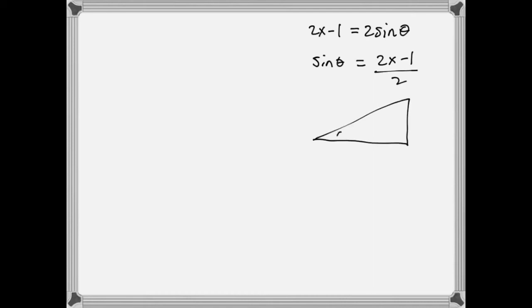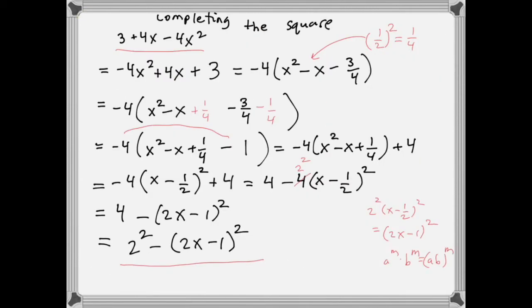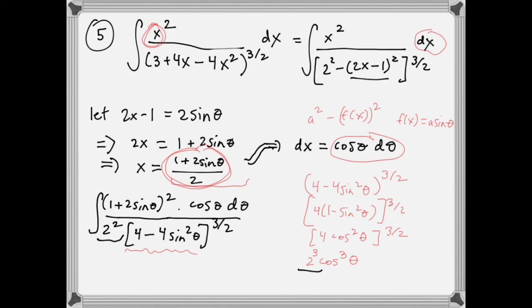If 2x minus 1 is equal to 2 sine theta, then this means that sine theta is equal to 2x minus 1 over 2. So this is 2x minus 1, and this is 2. So remember, this is going to be 2 squared minus 2x minus 1 squared. And again, this should match what we started with. So that's good.